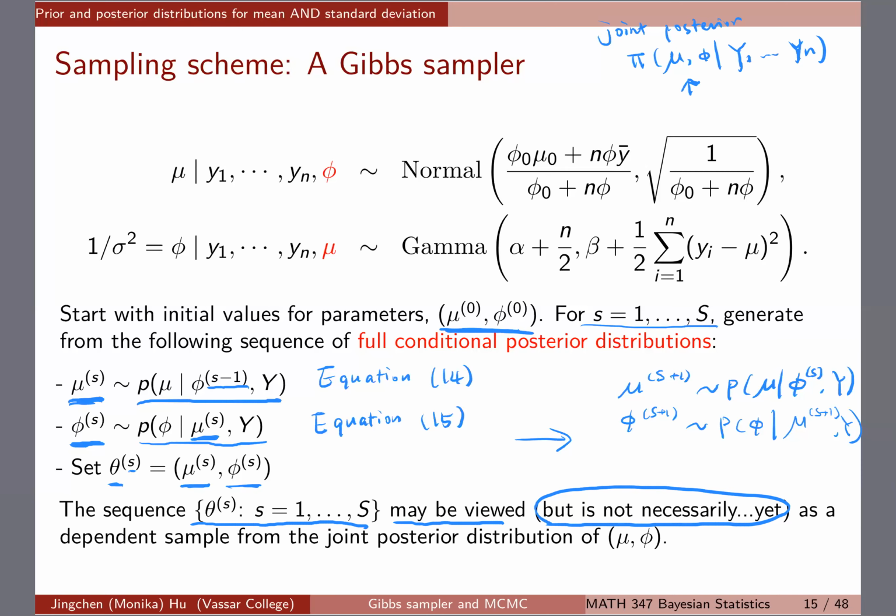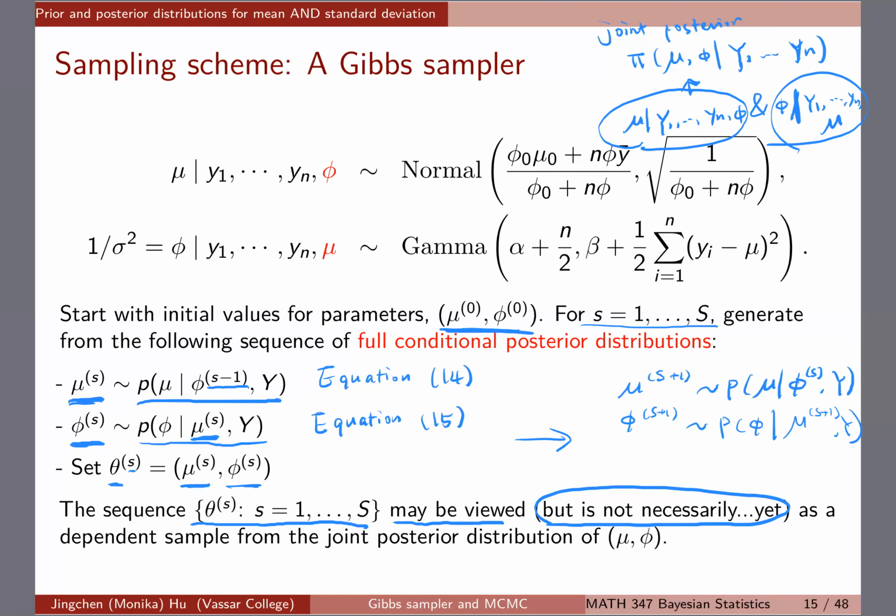But what we do is use the two full conditional posterior distributions, and we do it iteratively. What we have is mu given y1 through yn and phi, that's the first full conditional posterior, and the other one is phi given y1 to yn and mu. We can sample them iteratively through the Gibbs sampler, and we are hoping that the draws we get will be a good approximation to the joint distribution.